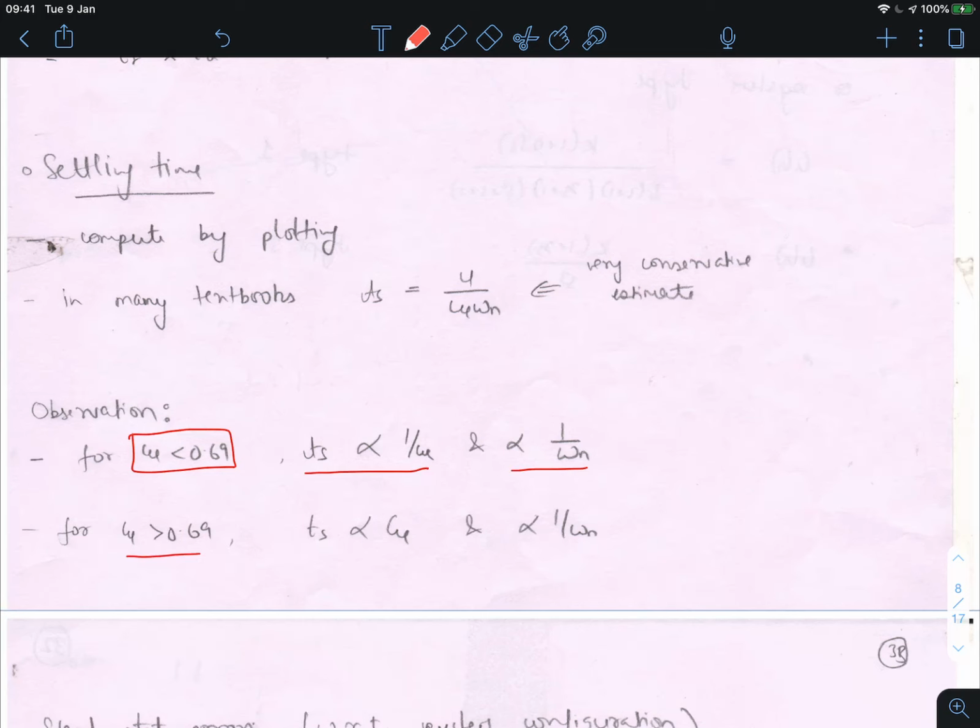For xi greater than 0.69, you would notice that the settling time is now directly proportional to the damping ratio, but still inversely proportional to the natural frequency. So depending on the range of xi, the settling time could be either directly proportional to xi or inversely proportional to xi.